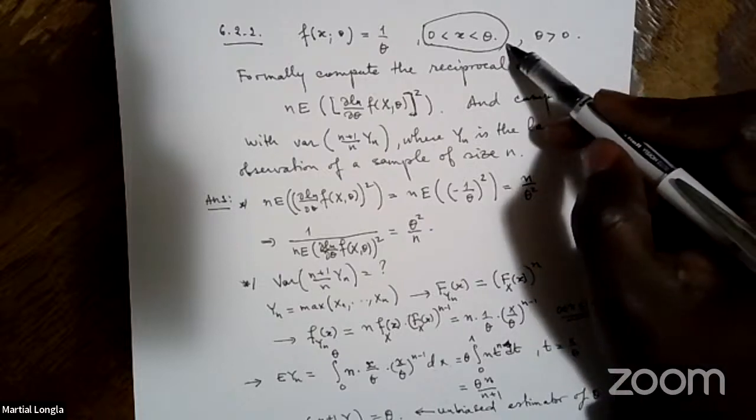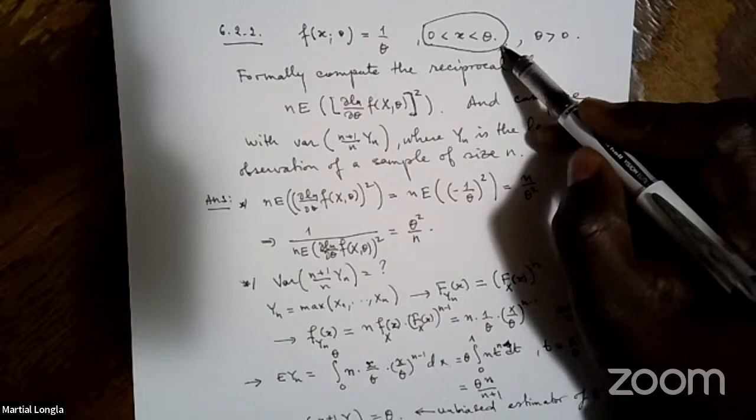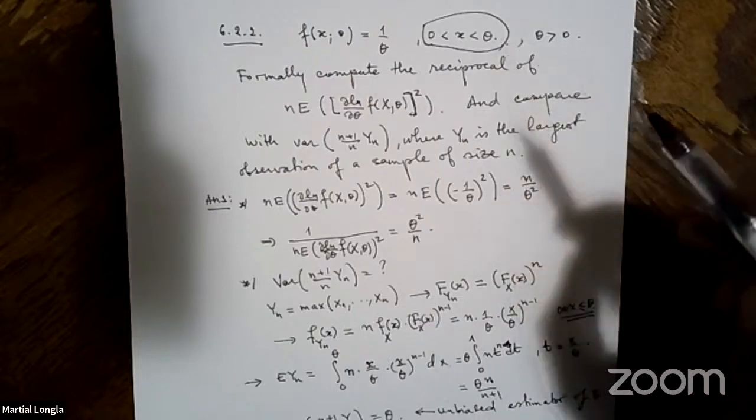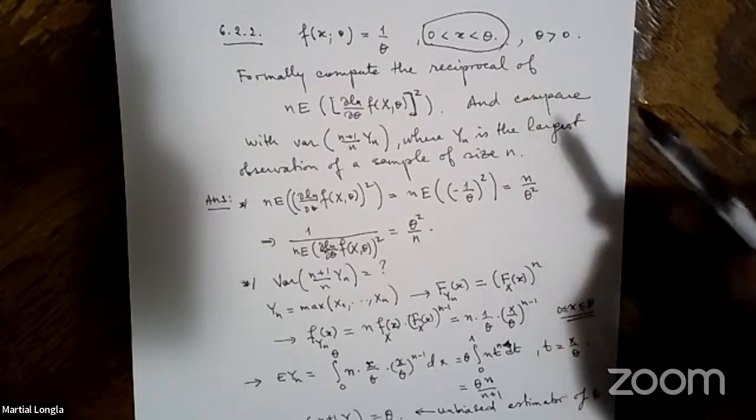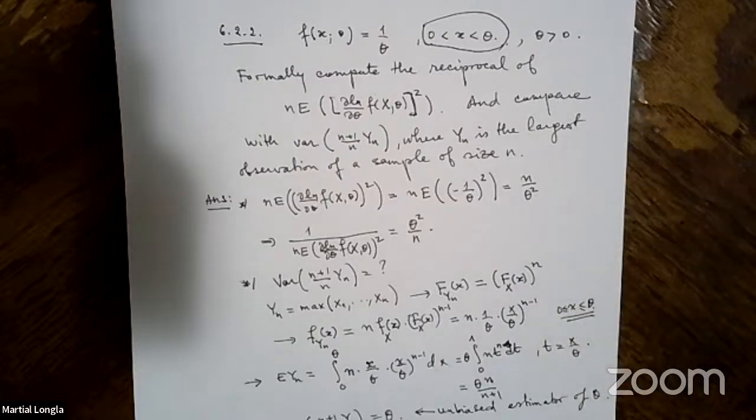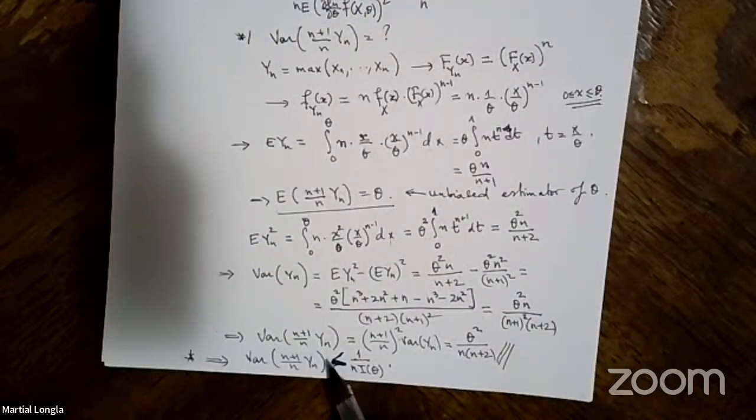So this makes sure that this problem does not fall under the umbrella of the problems where you use that formula to state that the variance of an estimator is going to be larger than 1 over nI of theta. The conditions of that theorem are not satisfied in this case. That's a reason why you could find a variance that is smaller than the Cramér-Rao lower bound.